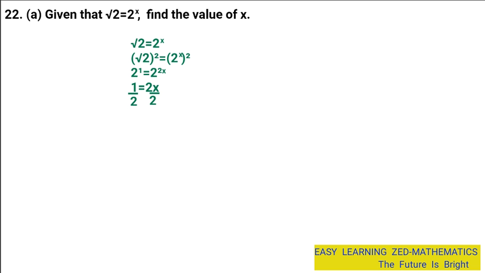Now when I divide 2x by 2, that means I'm cancelling 2 on top and 2 on the bottom. Once I've done that, I'm remaining with x, which means 1 over 2 is equal to x. So the value of x in that expression is 1 over 2.